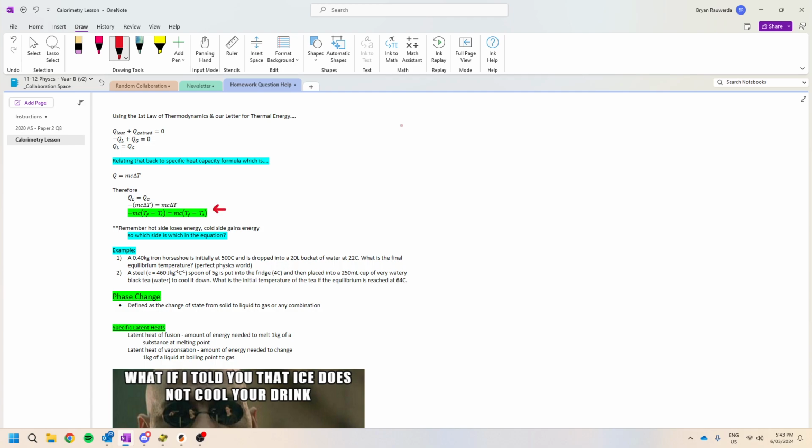So we go, let's see, a negative mc Tf minus Ti. I should really get a writing pad for my computer, but that's alright, the mouse is working. mc Tf minus Ti again. That should be a bracket.